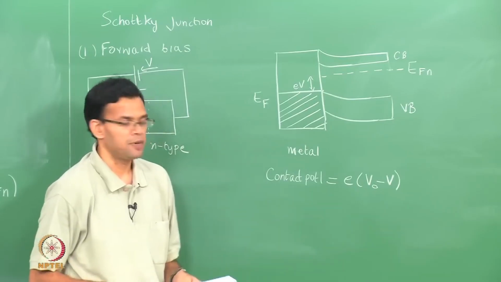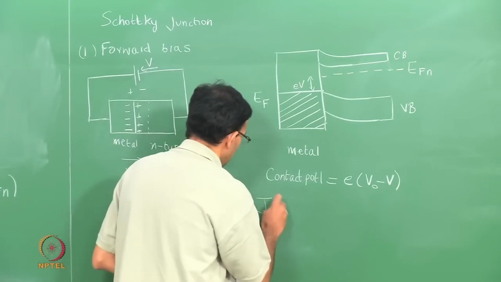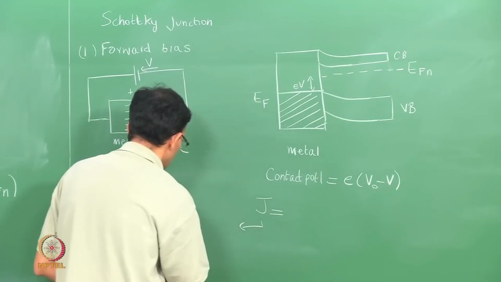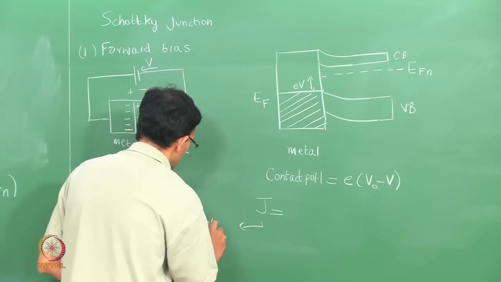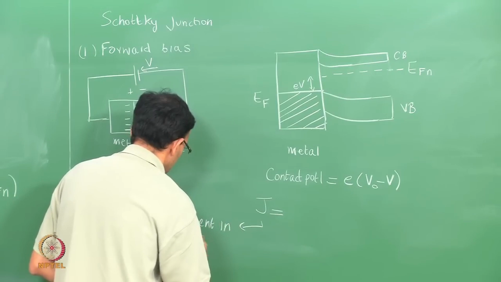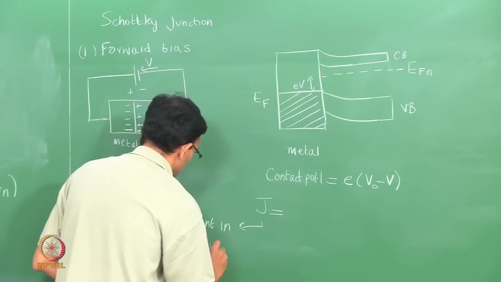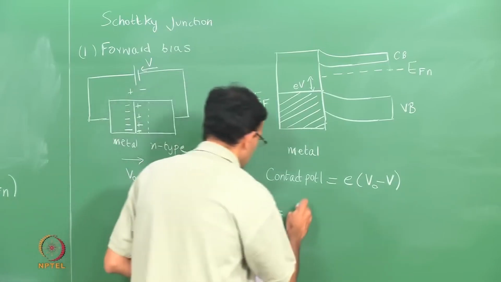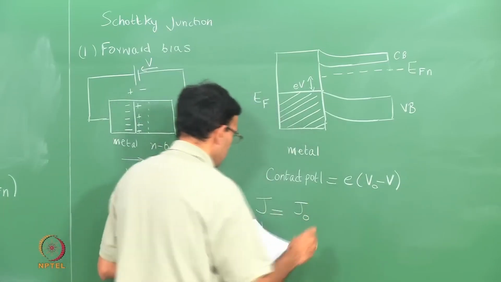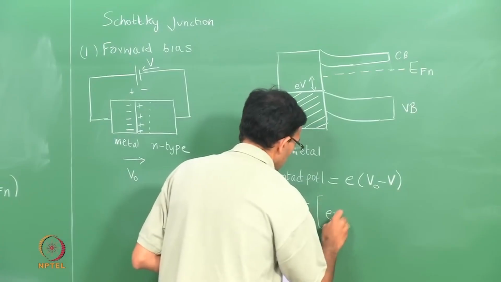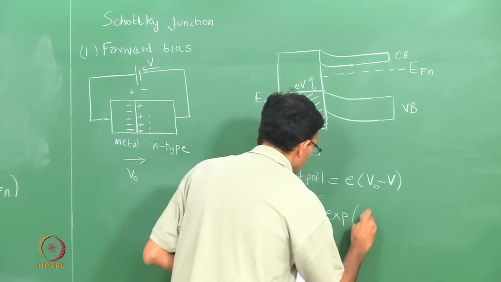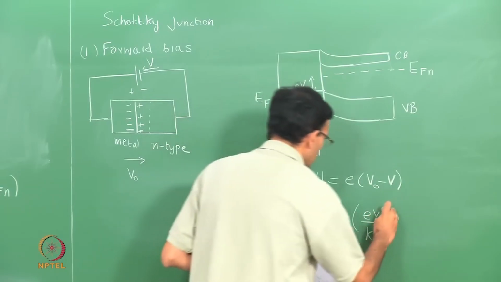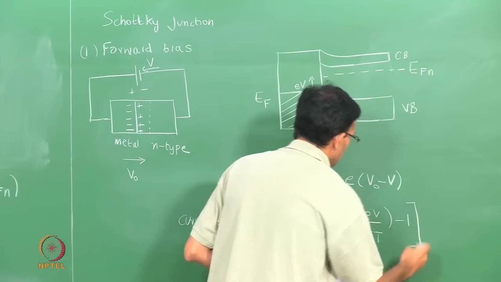We can write an expression for the current. J represents the current in forward bias. It's nothing but J naught exponential EV over KT minus 1.